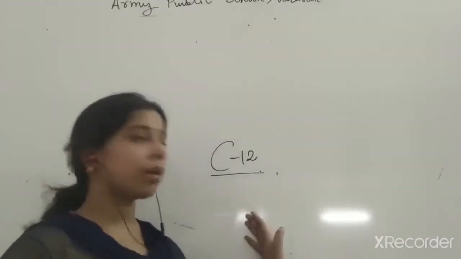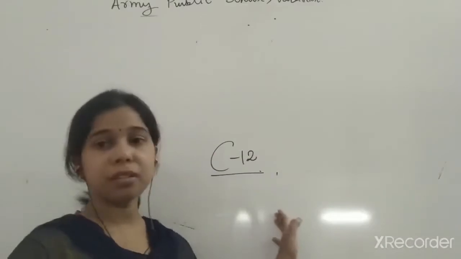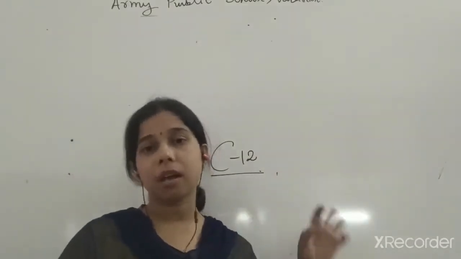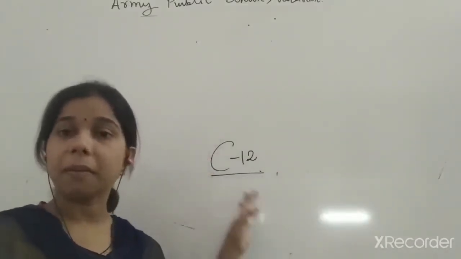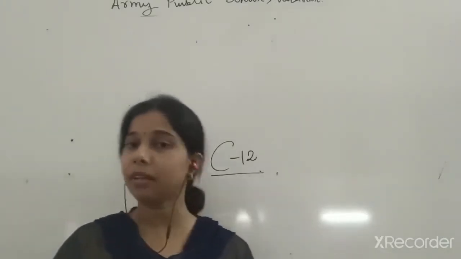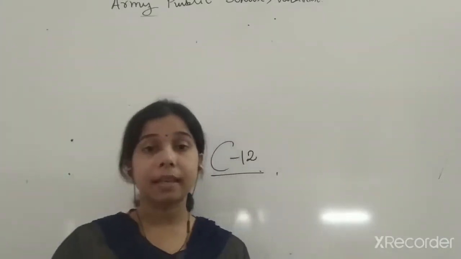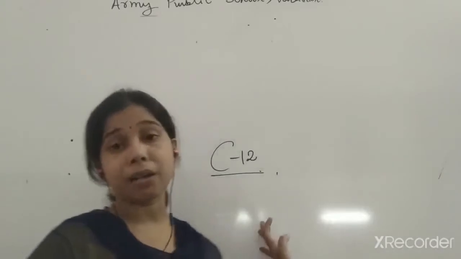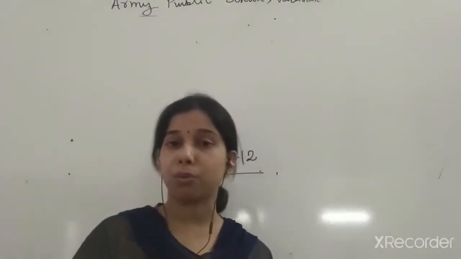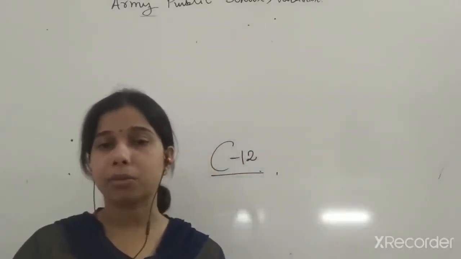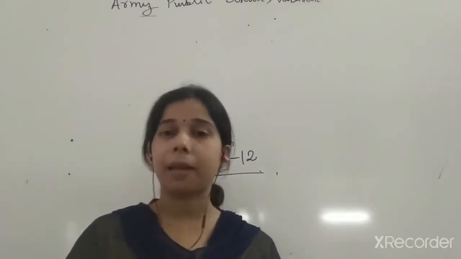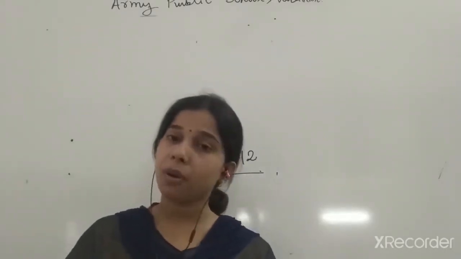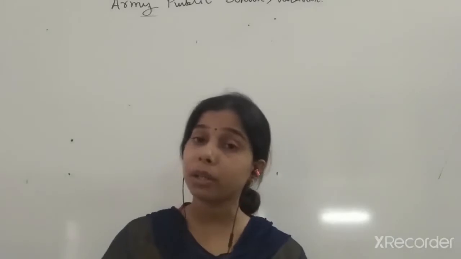So carbon 12 was the reference unit used for measuring the mass of the atom of a different element. We say that 1/12th of the mass of the carbon 12 isotope gives the atomic mass of any particular element.